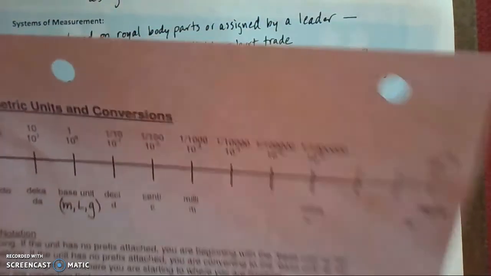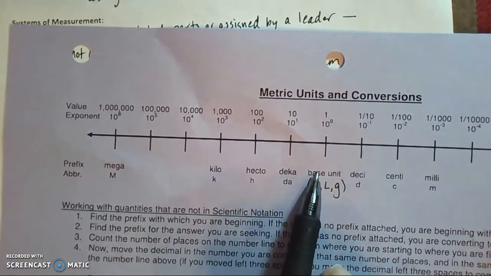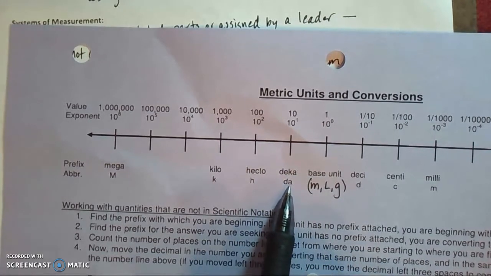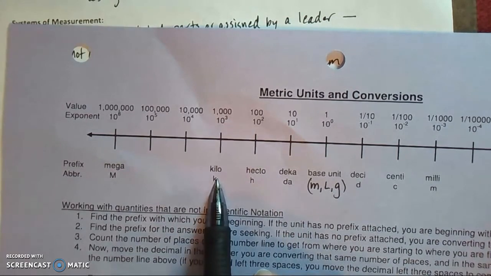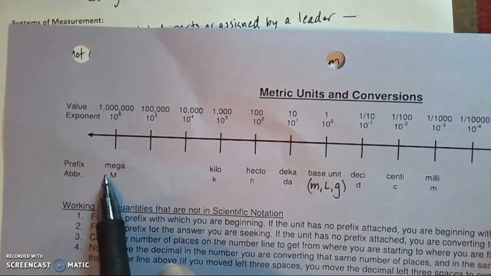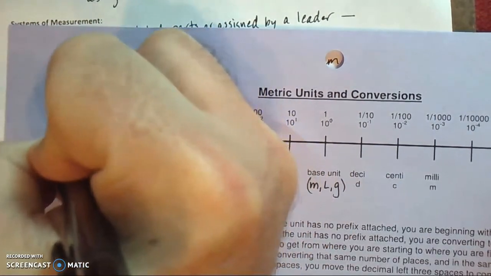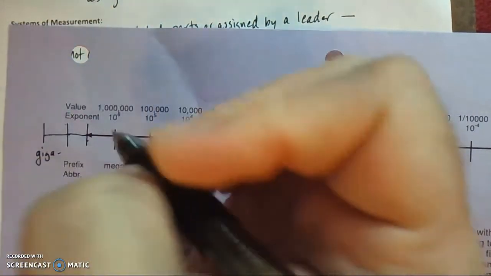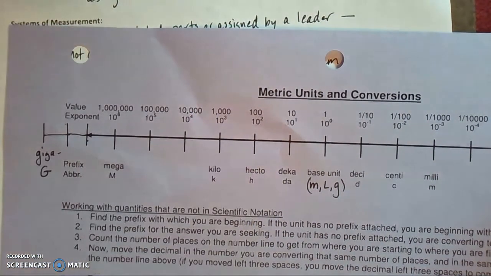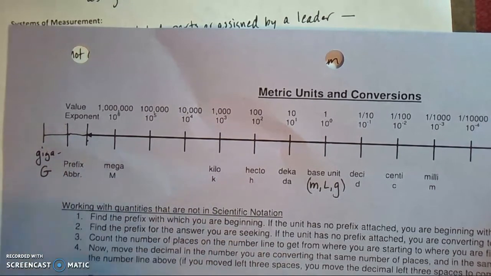If we go bigger than the base unit, 10 meters are in 1 decameter, 100 is hecto, 1,000 is kilo, and then if we go up to a million, it's mega. And we're actually going to go out 1, 2, 3 more and put giga, which is a capital G. Terms like mega, giga, even tera are used in computers for storing data.